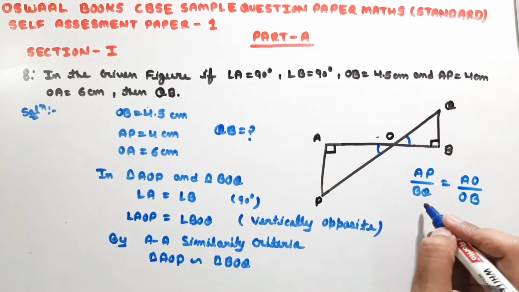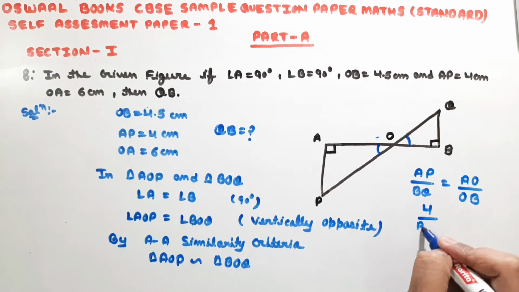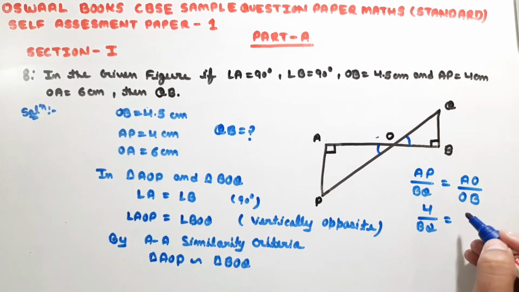AP is 4, we have to find BQ, AO is 6 and OB is 4.5.